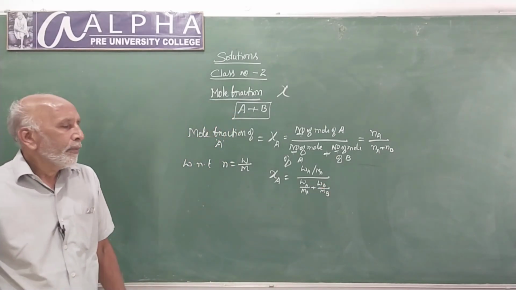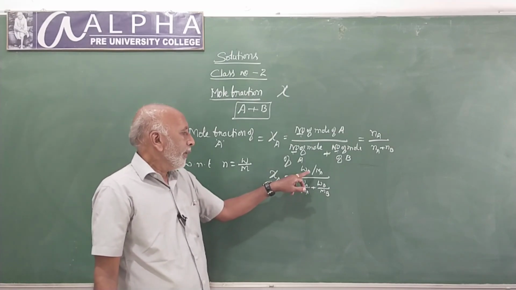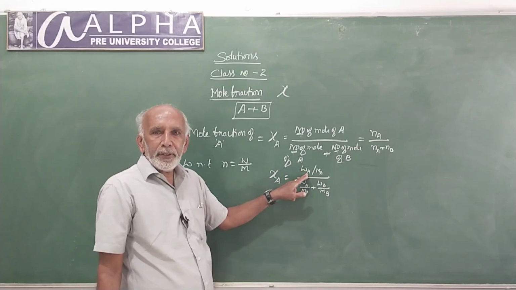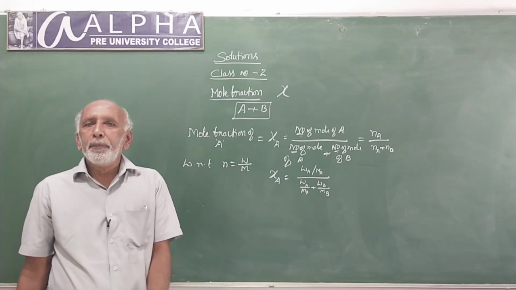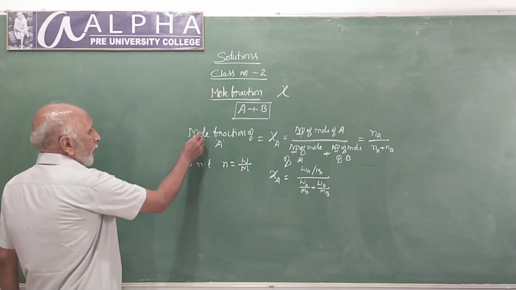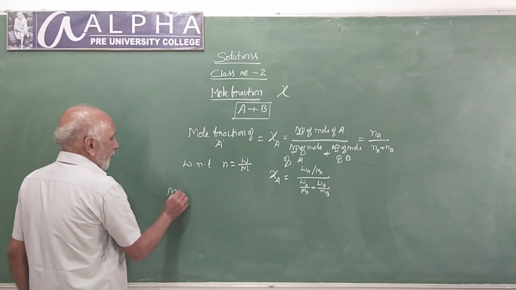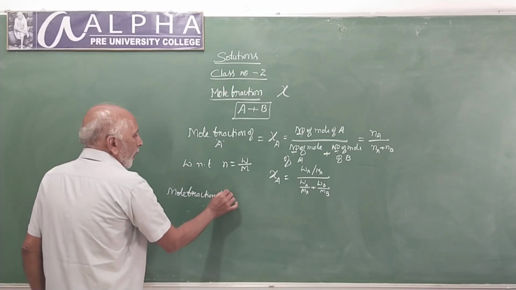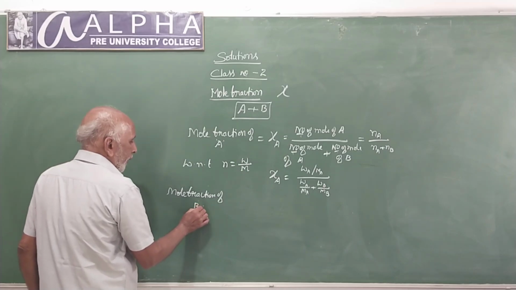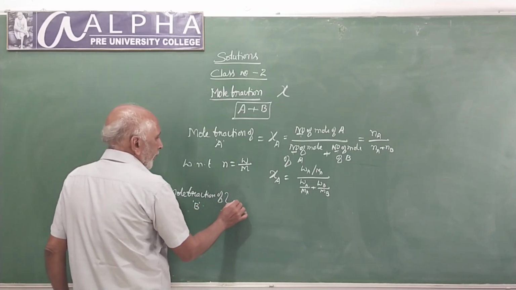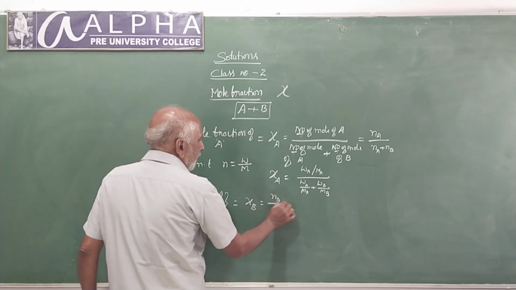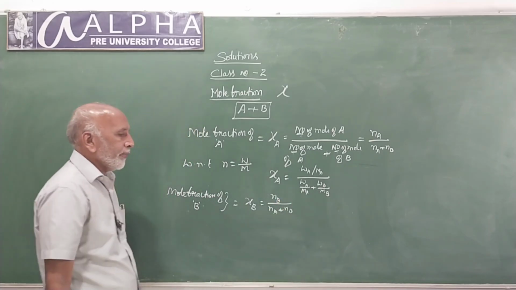We can also write mole fraction of the constituent A in this form, that is in terms of mass of the constituent and its molar mass. Similarly, mole fraction of the constituent or component B, chi B, is equal to Nb by Na plus Nb.